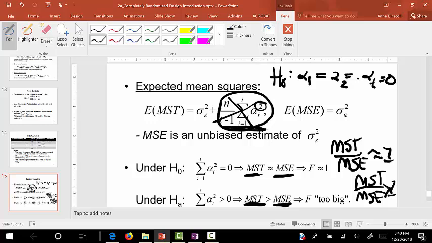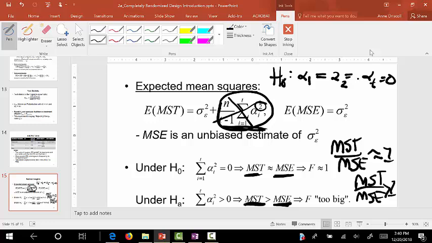So that's why if your F statistics are around 1 or smaller, you're not going to see significance. If they're bigger than 1, then that's where you're going to see more of a signal compared to the noise. Now, how much bigger, that's where we relate it back to the p-values and the degrees of freedom, so it tells you how much bigger it has to be. But just to give you some intuition, that's why we're looking for big F statistics.